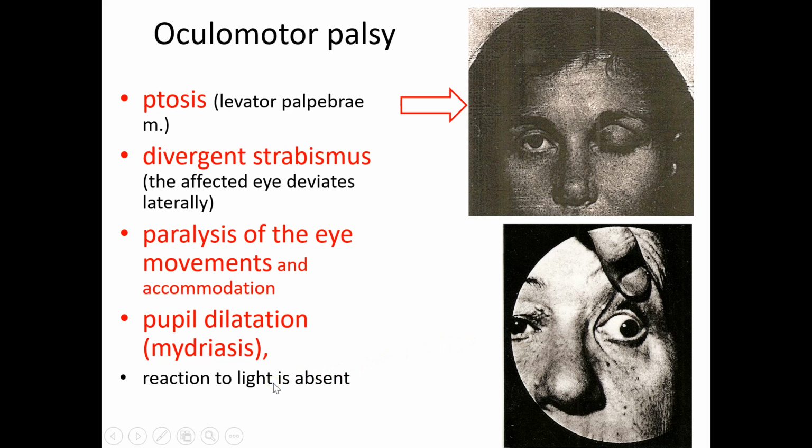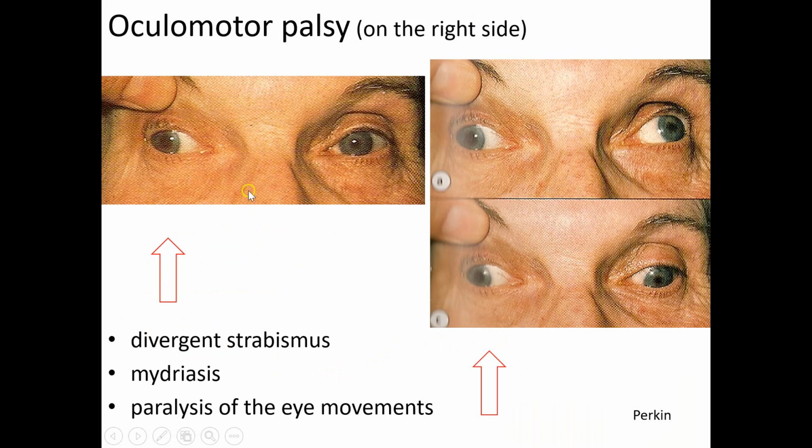Reaction to light will be absent. Here's another picture showing divergent strabismus, where the eyeball is turned outward and downward. You can see pupillary dilatation compared with this pupil, and there will be paralysis of most movements of the eye.